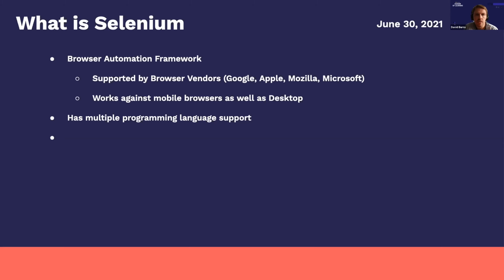At the heart of it, it is supported by browser vendors: by Google, by Apple, by Mozilla, and by Microsoft. They invest into it through the W3C. I chair the working group, which is an open working group. If there is any browser automation framework out there that wants to be involved, it is open, and we don't do anything behind closed doors.